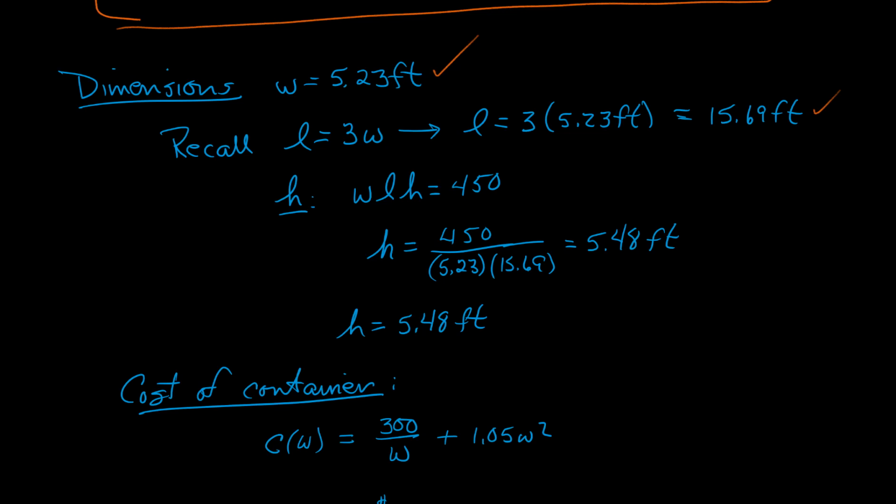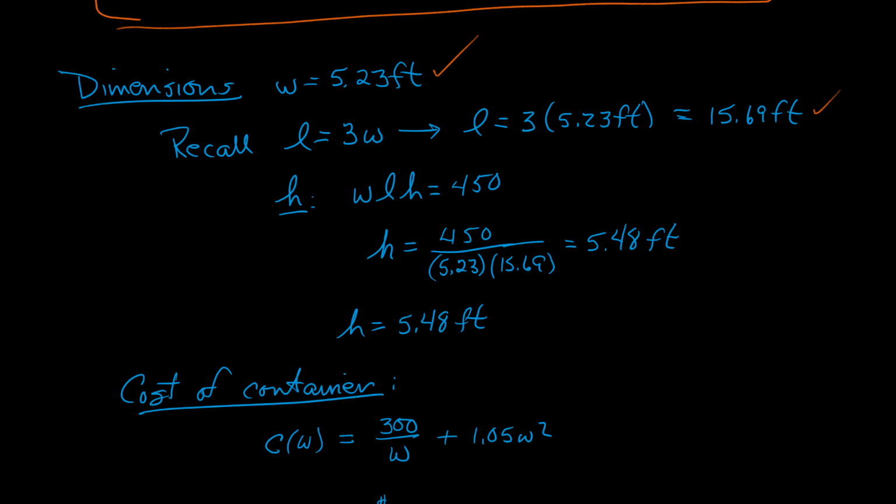And recall, we know that the volume is length times width times height, and that has to be 450. I can substitute the 5.23 in for the width. I can substitute the 15 and some change here for the length, which is going to then leave us with just the height.